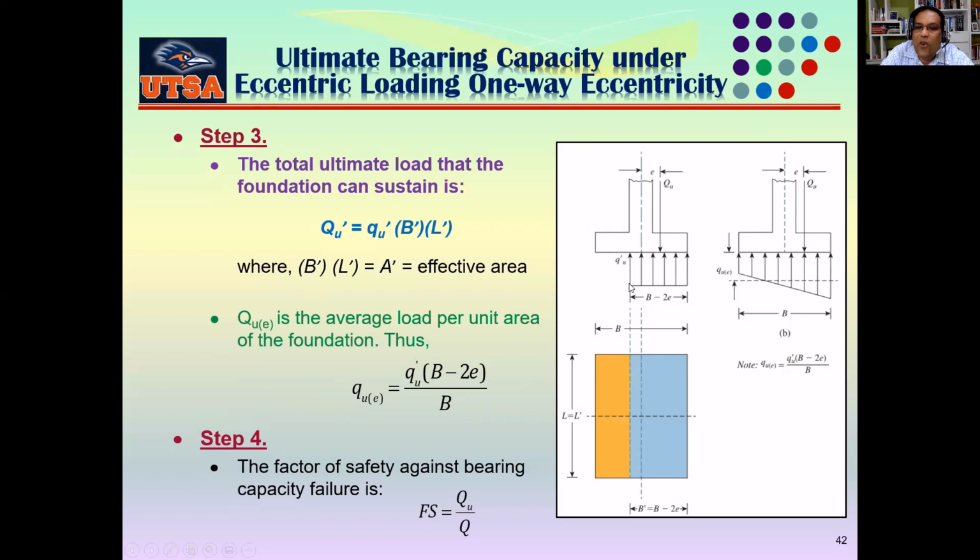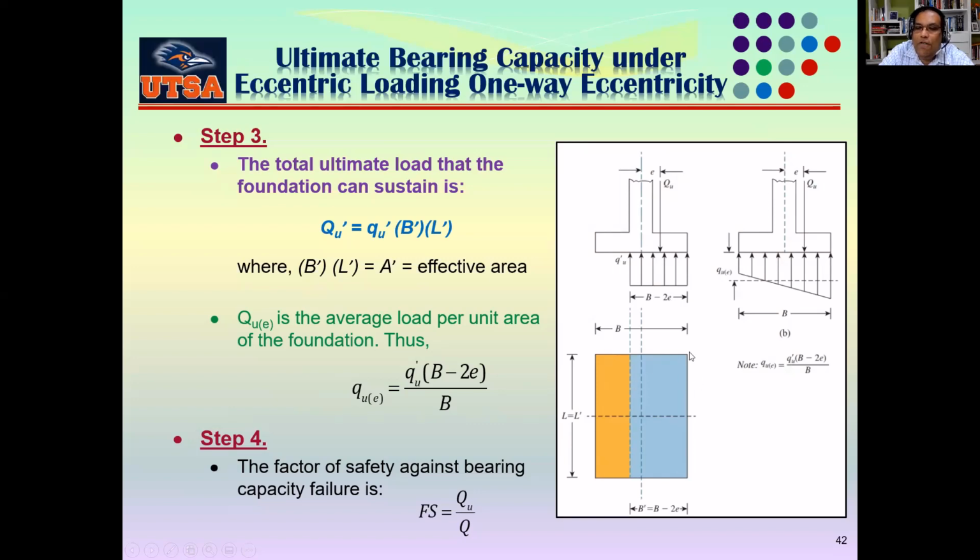This means like only this width is taking load, if you see this figure here. The blue color here, that's actually taking the load. On the other hand, this one is not taking any load. Okay, so your area is decreasing.